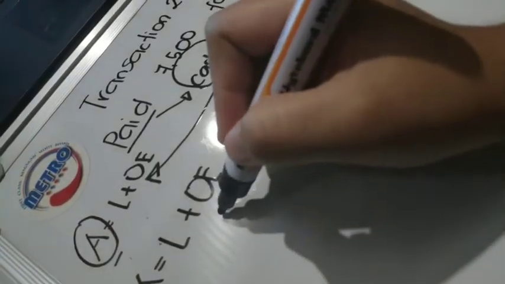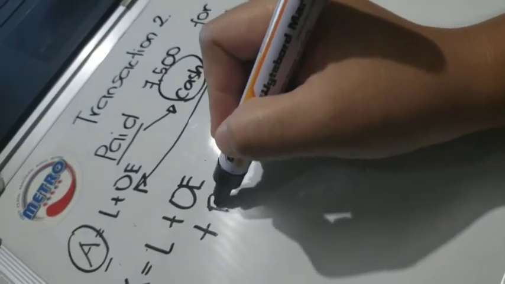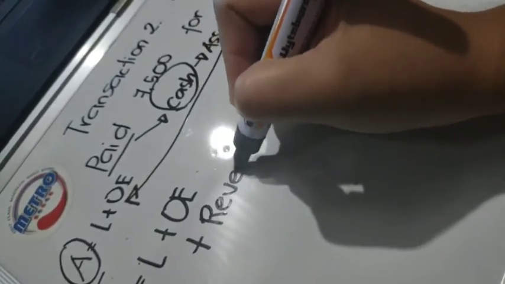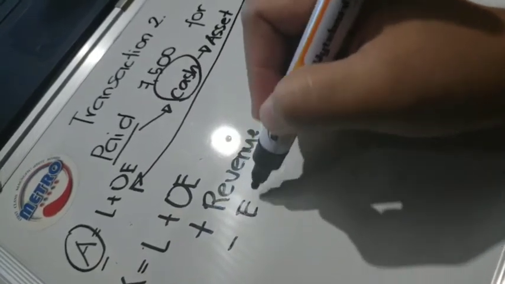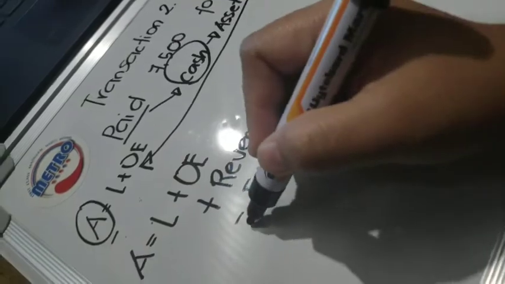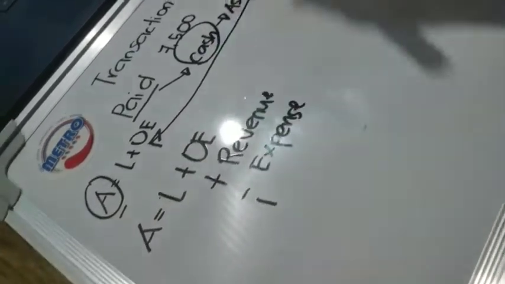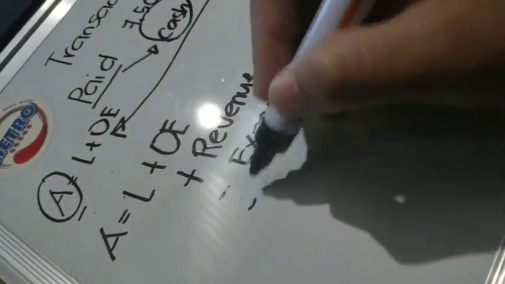The owner's equity is expanded into revenue, expense, and withdrawal.